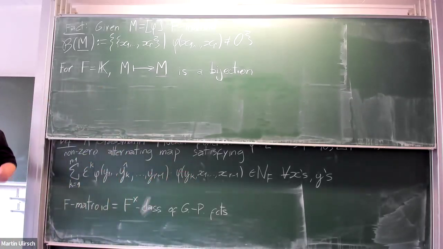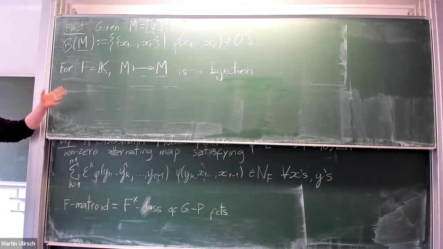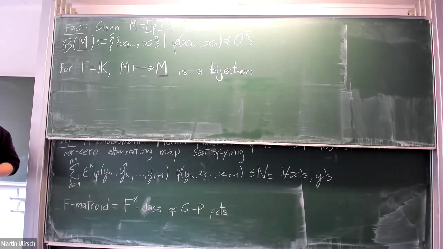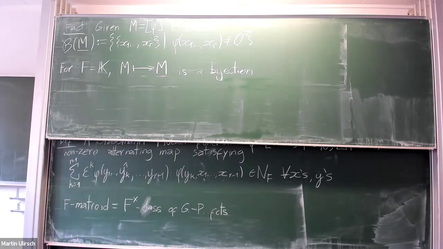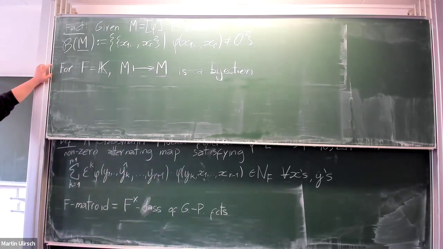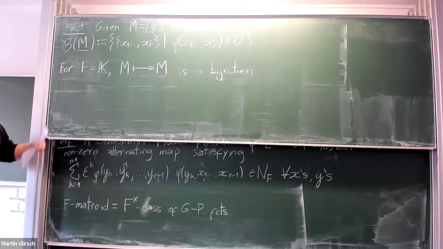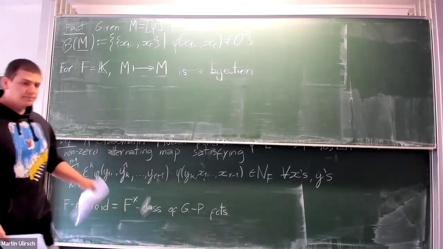And I recover the symmetric basis exchange axiom, the strong form. That's why I really care about that form and not the simplest form. And yes, for the Krasner hyperfield, I recover all the classical matroids. So this theory really extends my matroid theory.